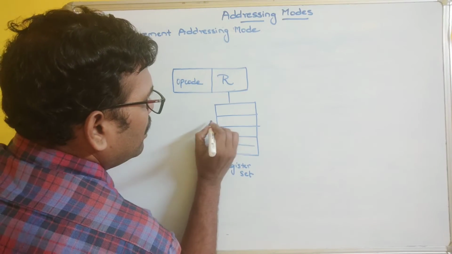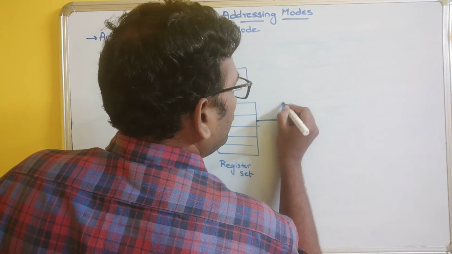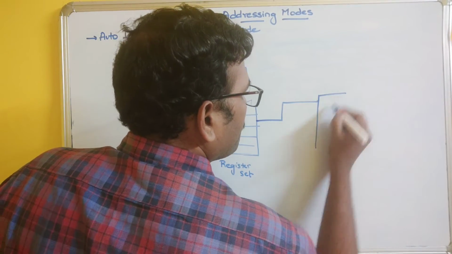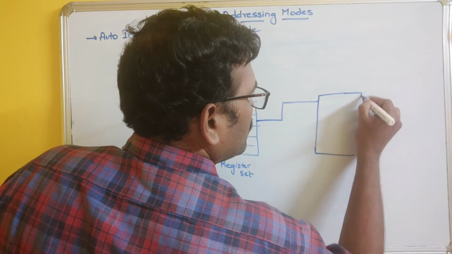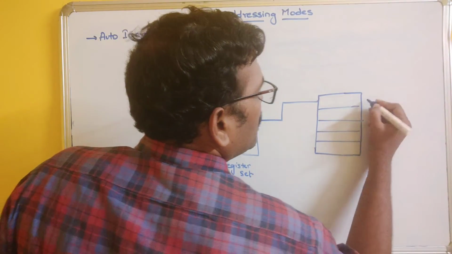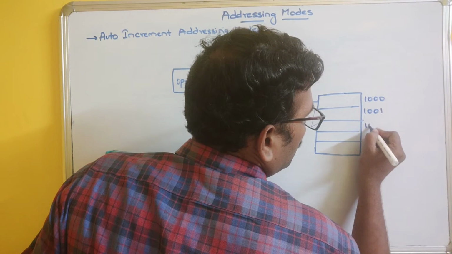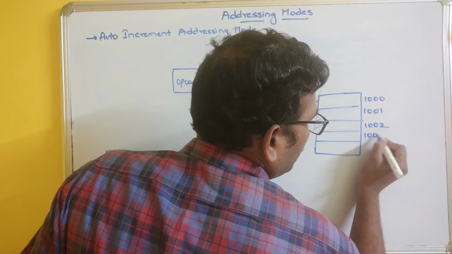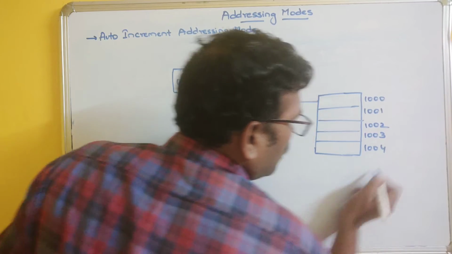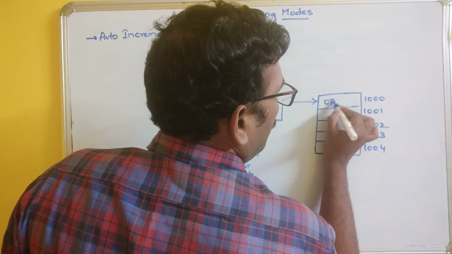For example, here the register is here, and that is pointing towards the memory. Let us take the same thing. So this is a 1000 memory address. Okay, 1001, 1002, 1003, 1004. So for example, here it is an operand.